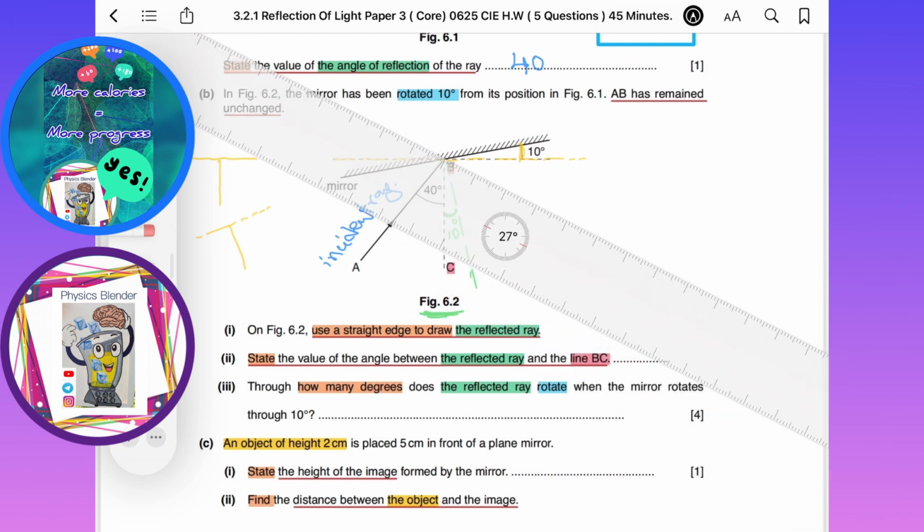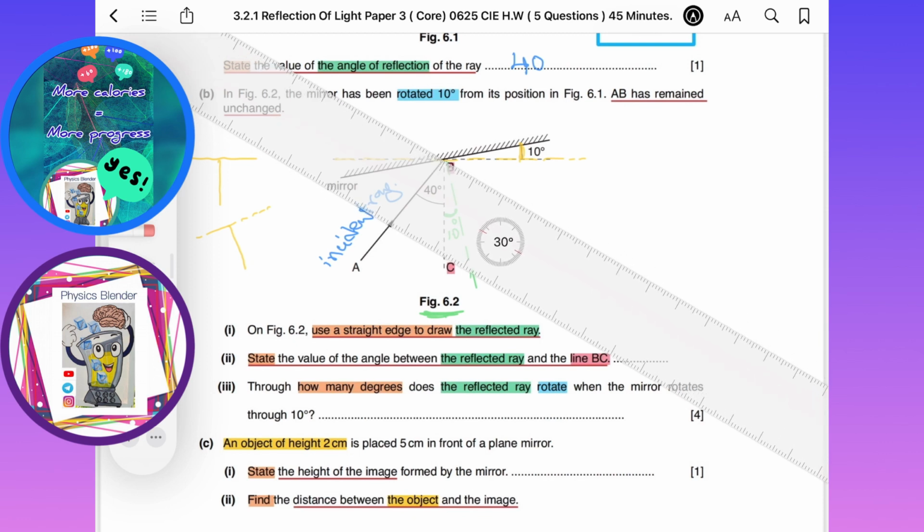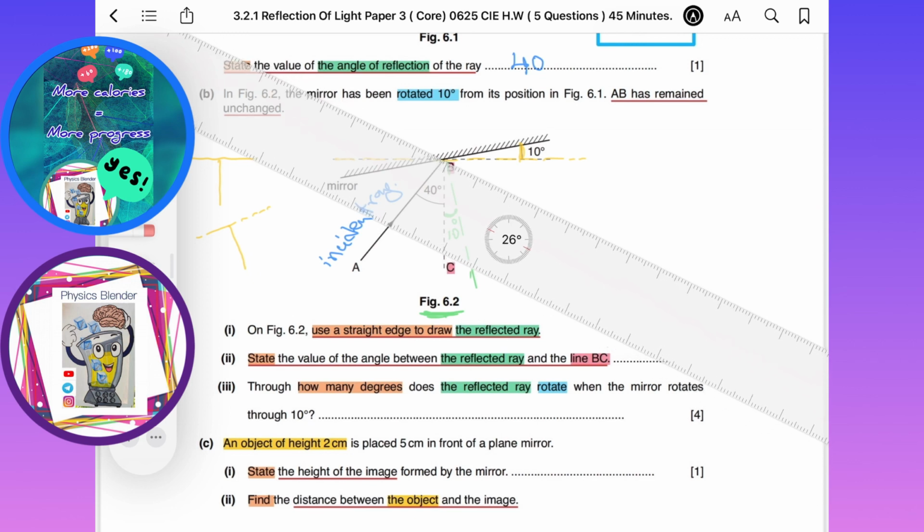Here no need to use the protractor, just draw the reflected ray, whatever the value is.